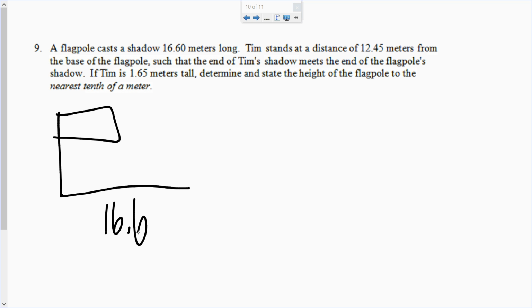Tim stands at a distance 12.45 meters from the flagpole, such that the end of Tim's shadow meets the end of the flagpole shadow. So that means his shadow also ends here. So what we have is this. Tim is 1.65 meters tall. Determine and state the height of the flagpole.